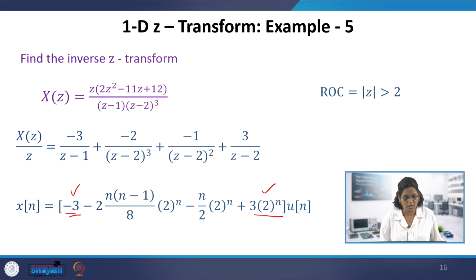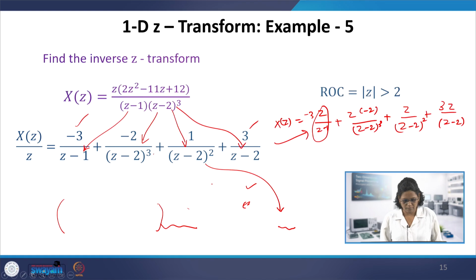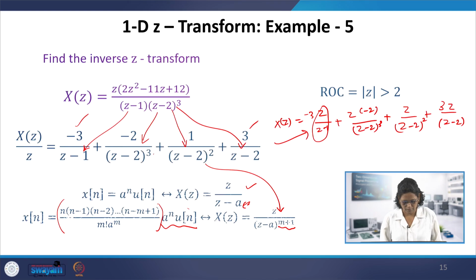For the minus 2 term, n into n minus 1, this becomes 2 power 2, so it is 8, and then 2 power n, which is here. Also for this case m equals 1, so 2 power n as such, and n stops with n, not n minus 1, n minus 2 and so on. This has m factorial by 2, so here we have n by 2, 2 power n, with the minus signs. These two are obtained from the z transform pair here.